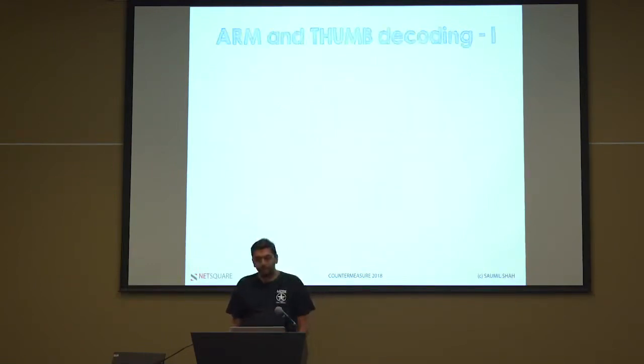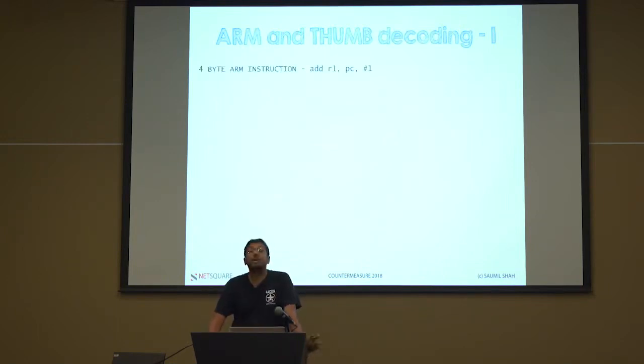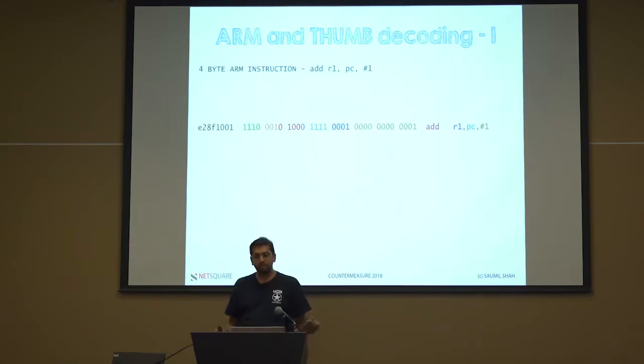I started playing around with ARM and thumb decoding. If we take the first add instruction, the add PC, 1 is basically responsible for setting the thumb flag, and then the branch will switch to thumb. If we take that add instruction and decode it bit by bit, all the 4 bytes decoded, every ARM instruction always has fixed areas.